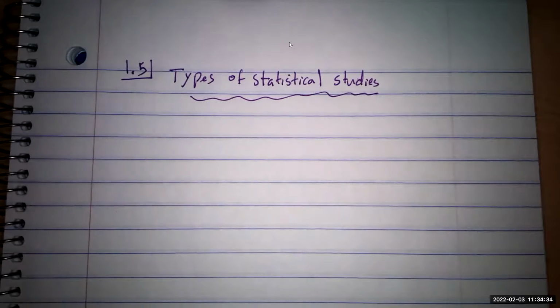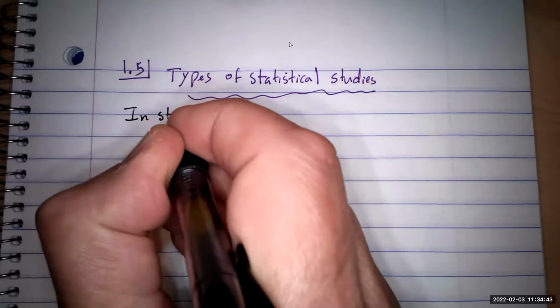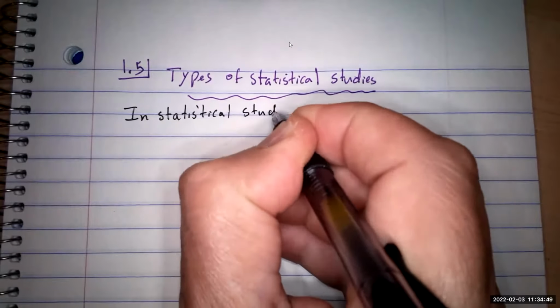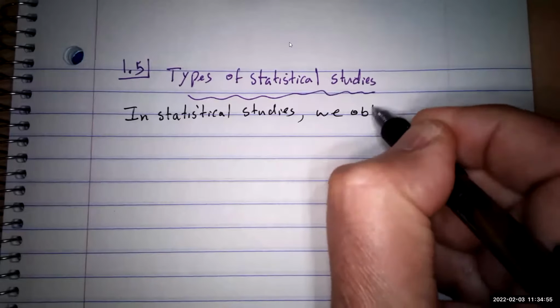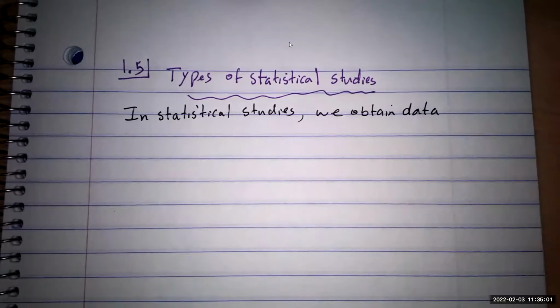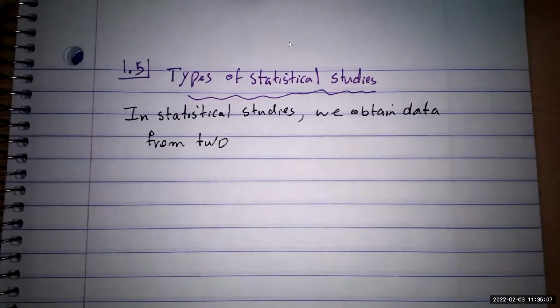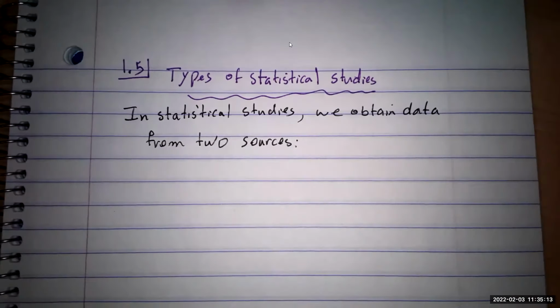So we are going to collect our information from 2 different types of sources, if you like. In a statistical study, we obtain the data from 2 sources.